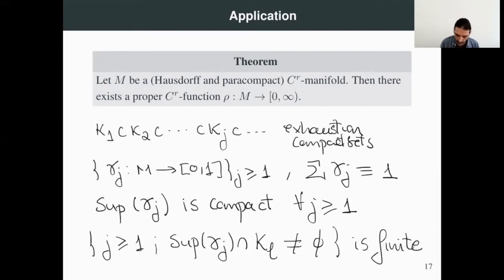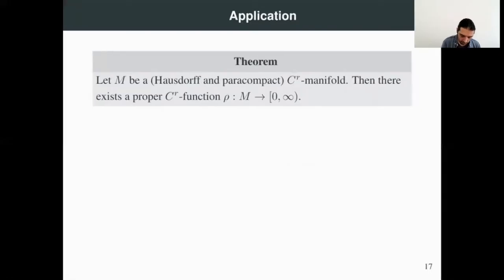So let's consider all these facts, and now we are going to construct the proper function. So the proper function rho is going to be the sum from j equal 1 to infinity of j times gamma j, right? That's going to be the function that we are going to consider.